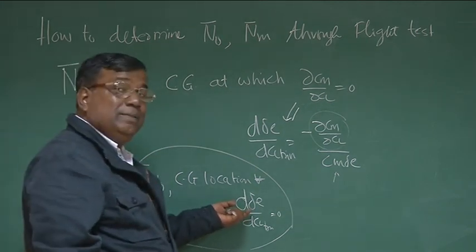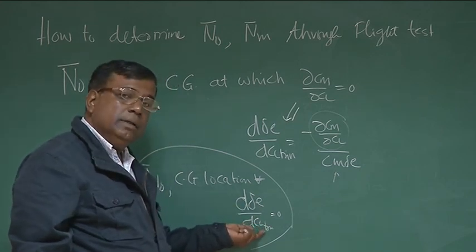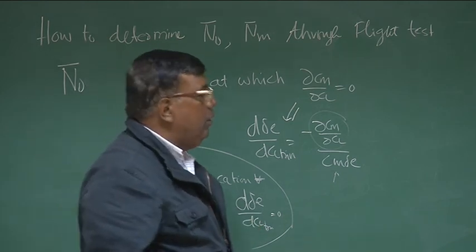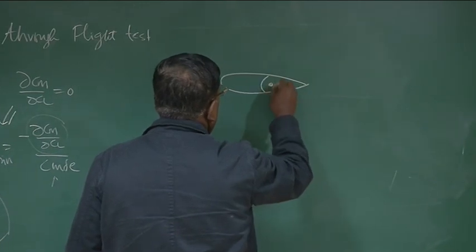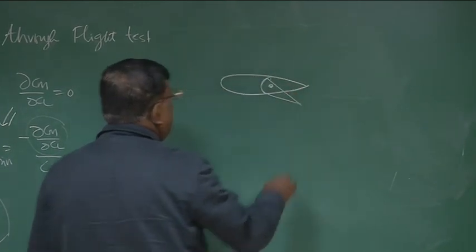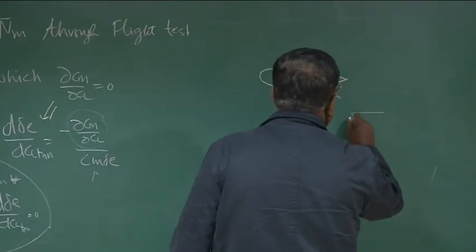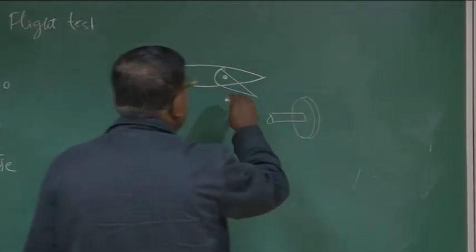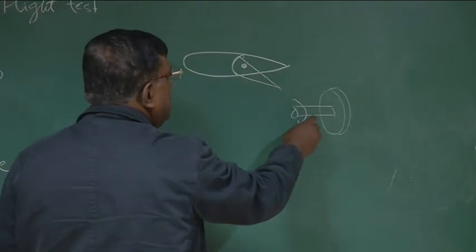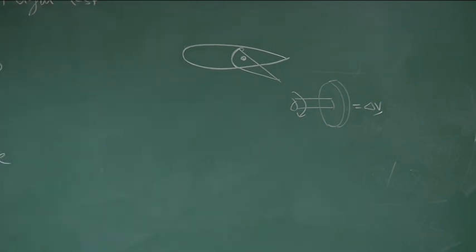Because when I do an experiment, I can easily measure delta E. I can calculate CL trim, right? How do I measure delta E? If this is an elevator, when the elevator rotates, it is connected to a potentiometer shaft, a rotary potentiometer, something like this. As this rotates, the shaft also rotates, and then it develops some potential difference, some voltage, and that voltage I can calibrate to get the amount of deflection of the elevator.